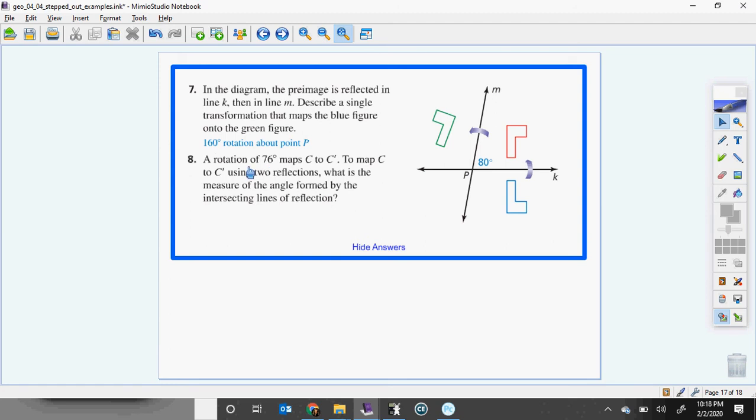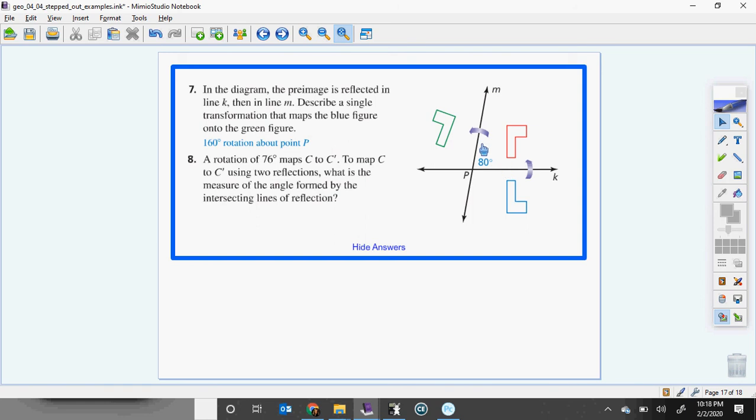Number 8 is a little bit backwards. It says, let's say that 76 degrees is the overall rotation that gets me from C to C prime. We know that to get from C to C prime, we can use 2 reflections, so there's some shape in the middle.